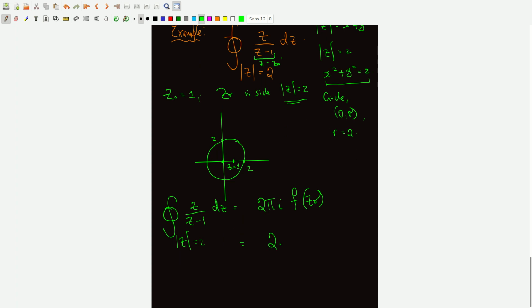In the form we have z as the numerator and z minus 1 in the denominator. So it is 2 pi i f evaluated at z naught, and we know that z naught is 1.